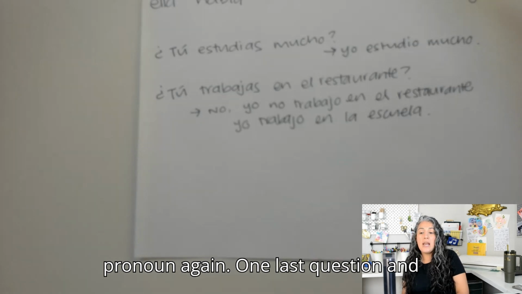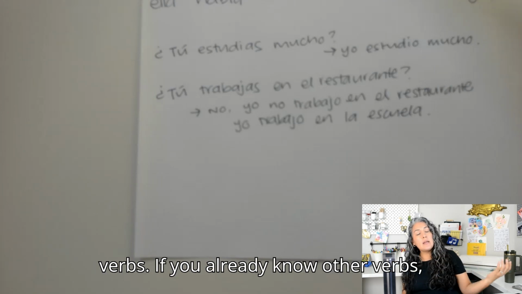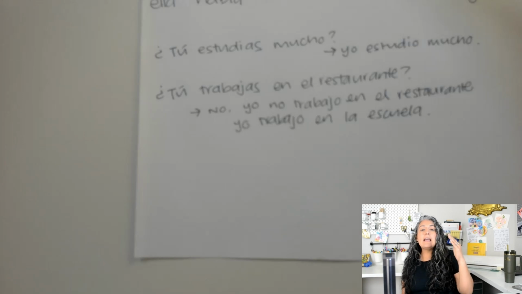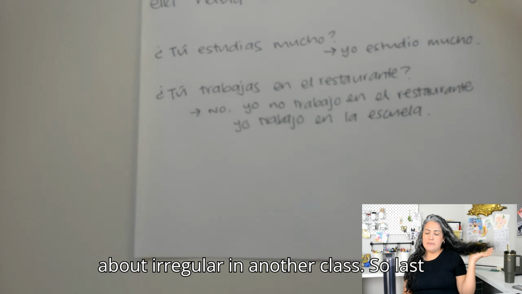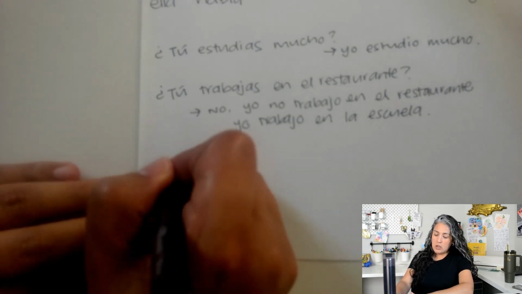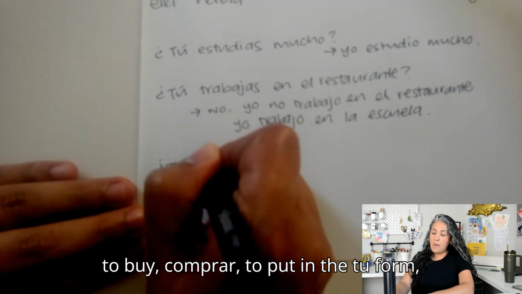One last question and answer. Then you can practice other verbs. If you already know other verbs, if you want to search up AR verbs, make sure they're regular. We'll talk about irregular in another class. So last question. Do you buy fruit? Tú. The verb to buy, comprar.